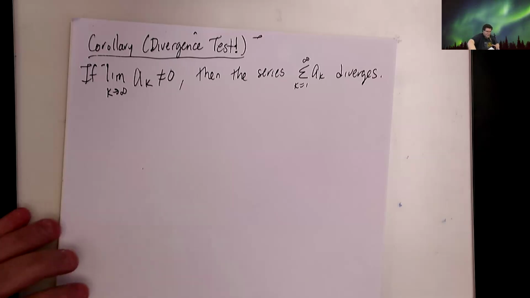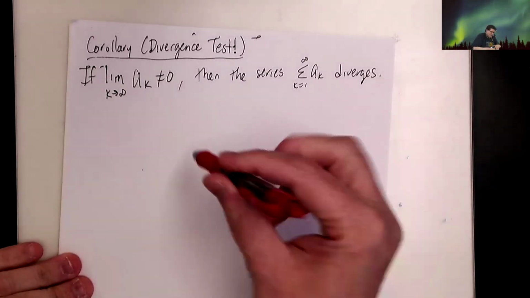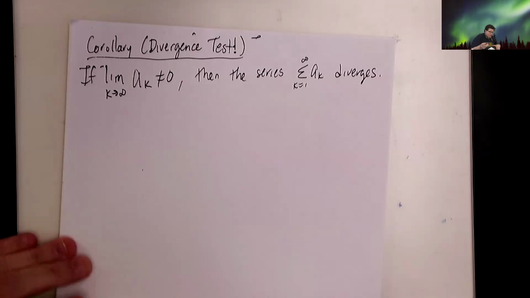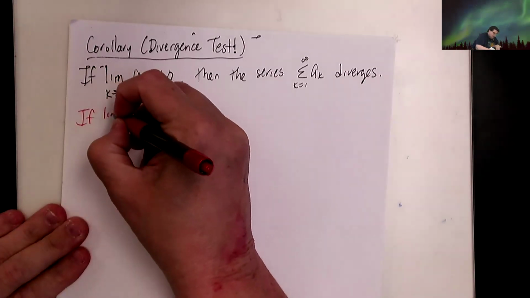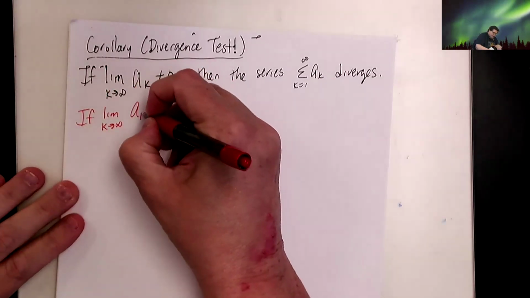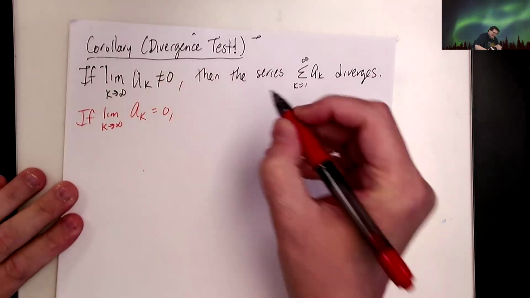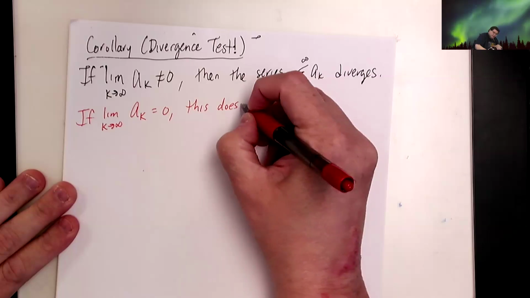So adding in what we just said, if the limit of a sub k does not equal 0, it diverges. And putting in words what I just said as a note on the last one, if the limit of a sub k does equal 0, this doesn't show convergence or divergence.